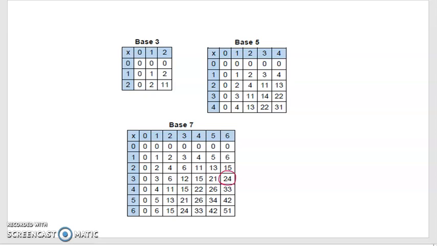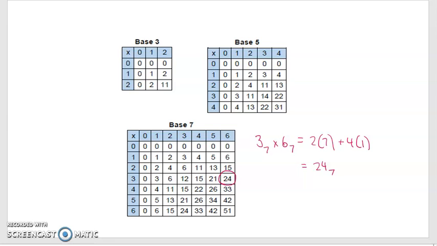Let's figure out why. So 3 times 6 in base 7. Well, 3 times 6 is 18. And 18 is 2 sevens, which would be 14, plus 4 left over. So 3 times 6 in base 7 is 24 in base 7. So multiplication tables like this can help you when you're multiplying in other bases.